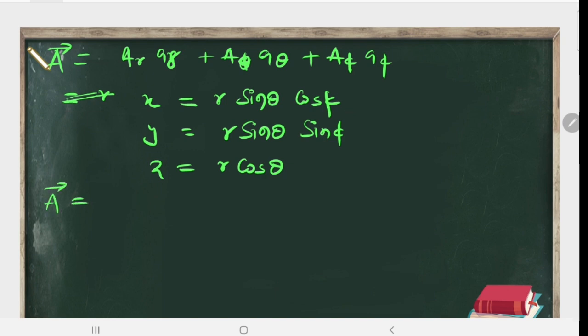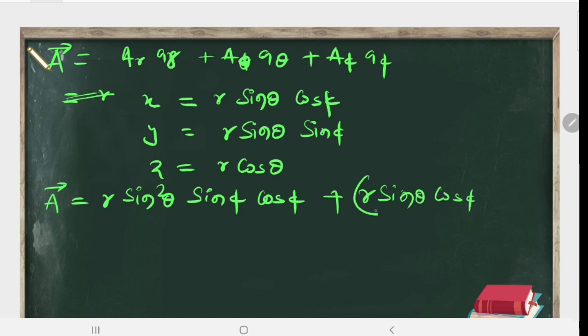So the vector A is r sin square theta, substituting the values of x, y and z in the above equations. Then you get r sin square theta sin phi cos phi plus r sin theta cos phi plus r cos theta multiplied by r sin theta sin phi.